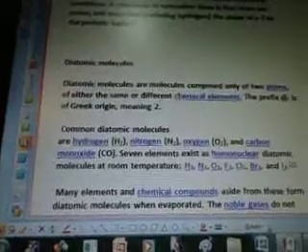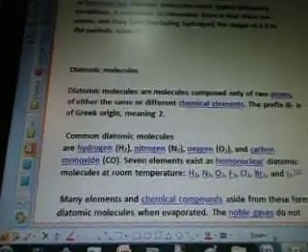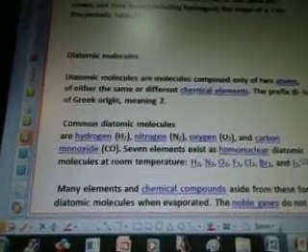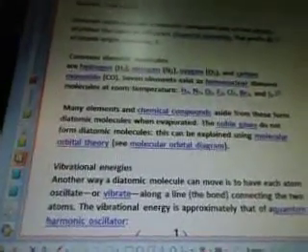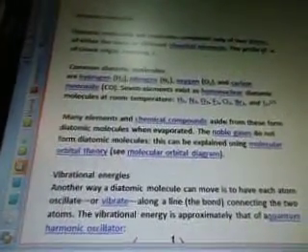Diatomic molecules are molecules composed of only 2 atoms of either the same or different chemical elements. The prefix di is of Greek origin, meaning 2. Common diatomic molecules are hydrogen H2, nitrogen N2, oxygen O2, and carbon monoxide CO. 7 elements exist as homonuclear diatomic molecules at room temperature: H2, N2, O2, F2, Cl2, Br2, and I2.